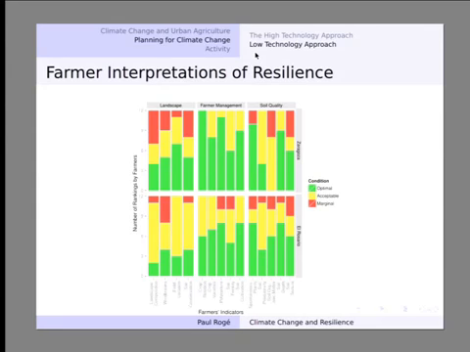So I know this is kind of hard to read, but basically on the bottom axis here we have the indicators that the farmers identified. And the two communities are stacked on top of each other. And then the categories of landscape, farmer management, and soil quality go in the vertical direction, okay?